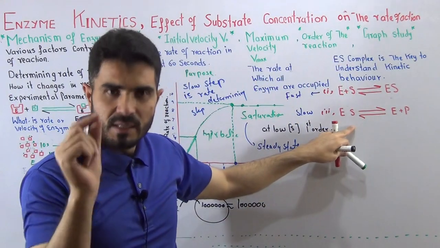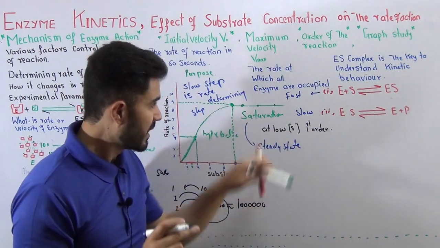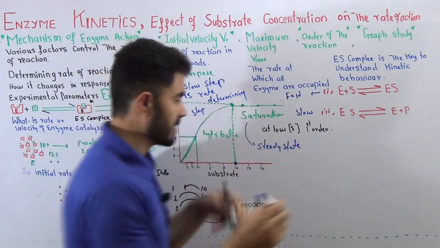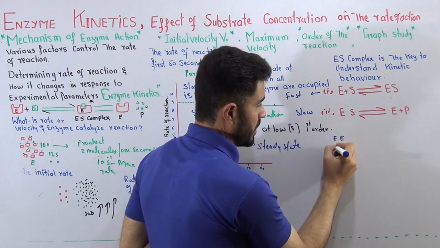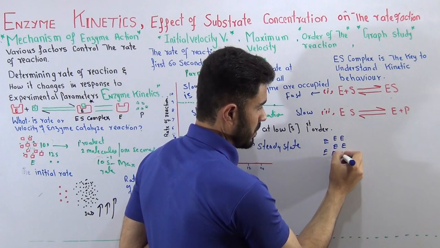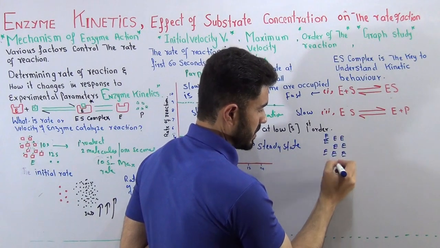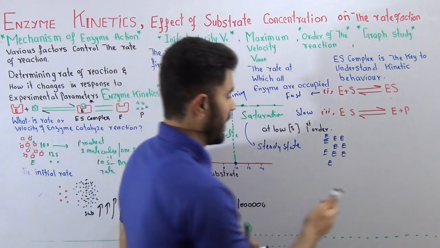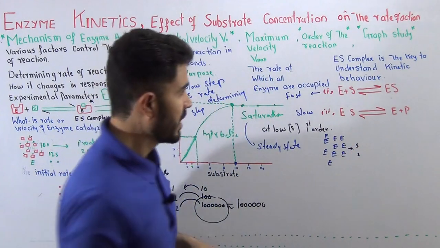In the beginning we have loose substrate, right? Loose substrate molecule like this. We have enzyme E, a lot of enzyme molecule. We have many enzyme molecule. Okay, 6, 7, 8, 9 and 10 enzyme we have, and I have very loose substrate, only 2 substrate molecules.